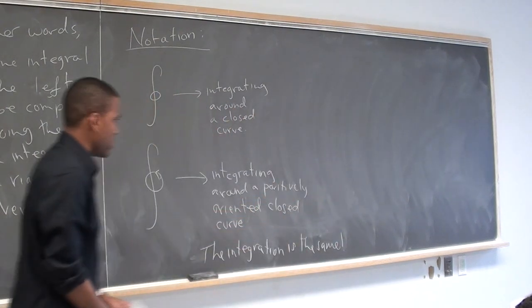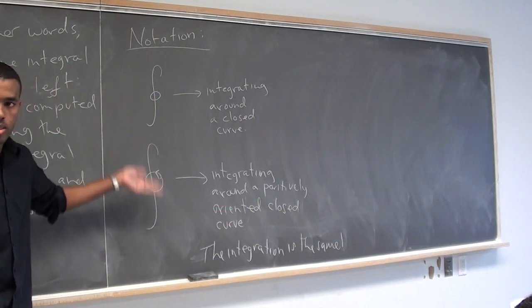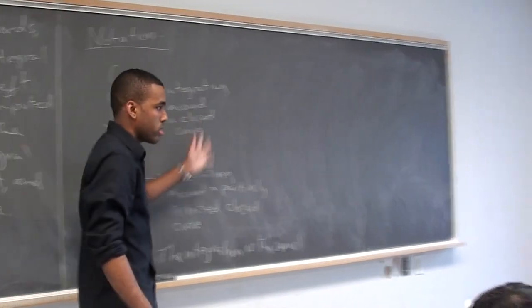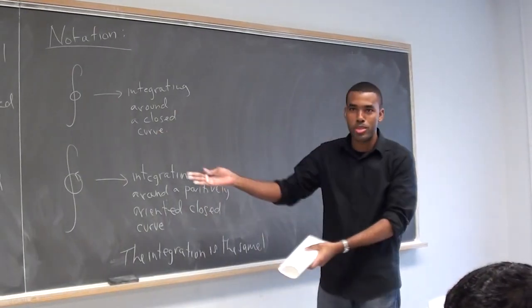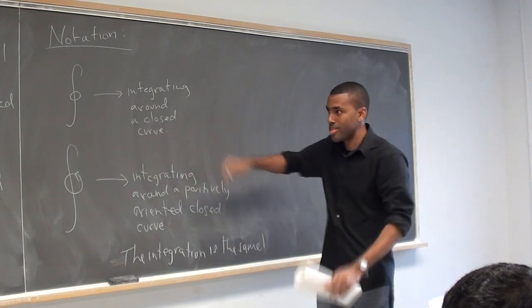So the integration is the same, they just might use this notation every now and then. Not everyone uses it, but if you see it somewhere, don't be afraid. It just means it's a line integral around a closed curve.